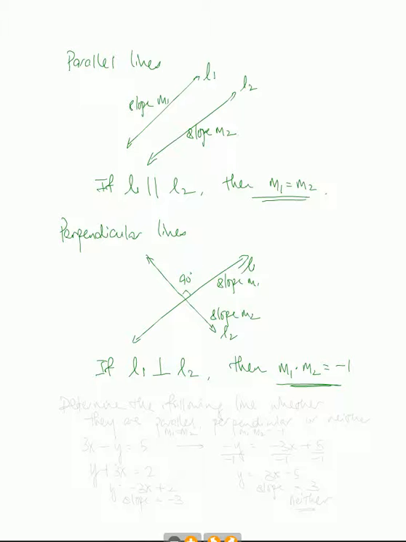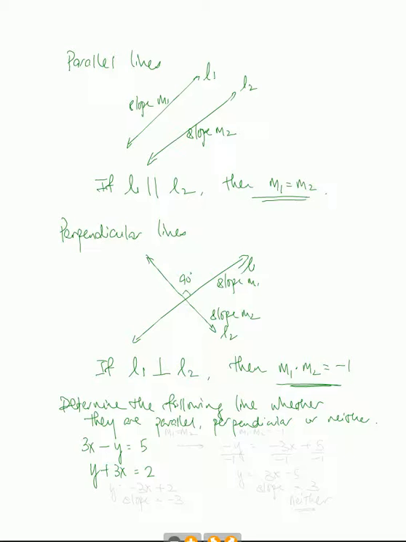So one way we can ask you the question is like this. Can you determine whether the following lines are parallel, perpendicular, or neither? Let's say 3x minus y equals 5, and let's say y plus 3x equals 2, for example.